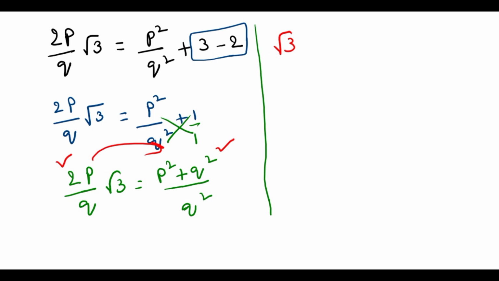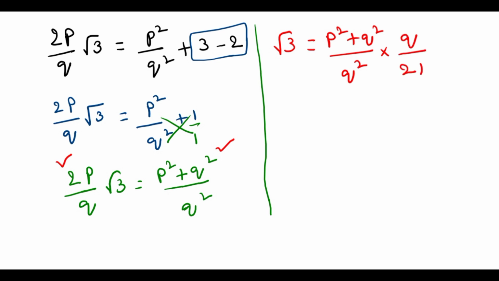So root 3 is equal to p square by q square divided by q square into q divided by 2p. The q and square get cancelled, then root 3 is equal to p square plus q square divided by 2p into q, that is 2pq.